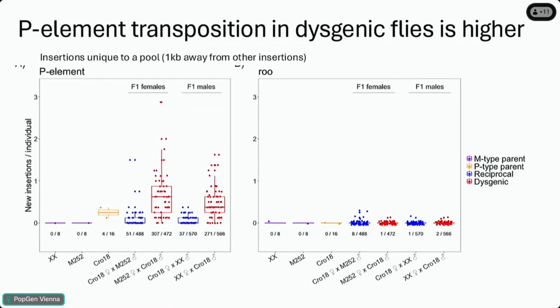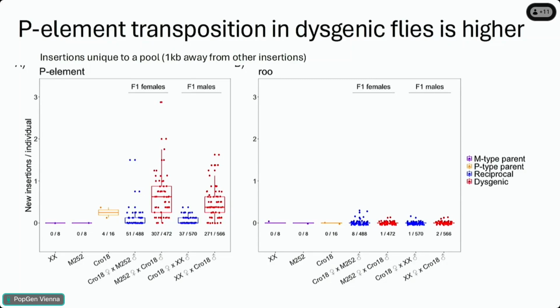By unique, I mean it's an insertion unique to a pool that's at least 1 kb away from any other P element indicated. I've lost my statistics. However, there's a lot more P element insertions in the dysgenic cross than there is in the reciprocal crosses.